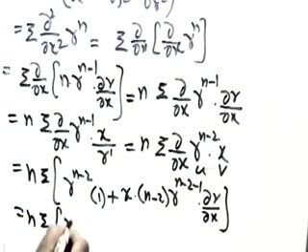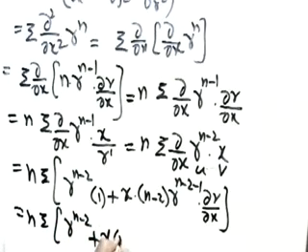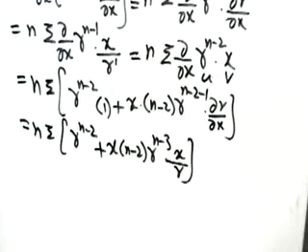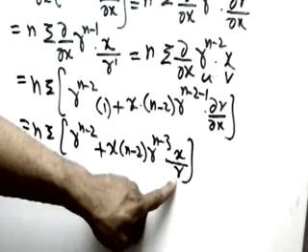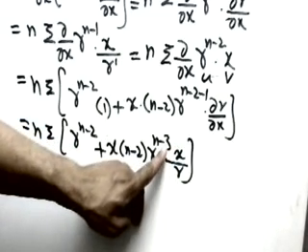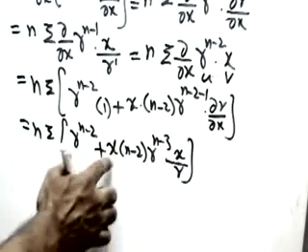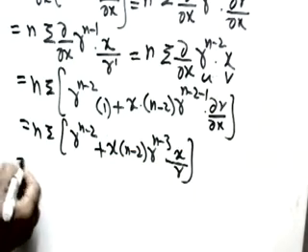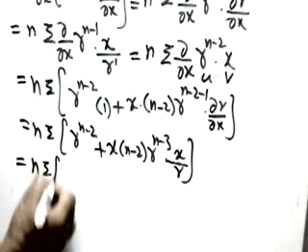So you see here, n into sigma, this is r power n minus 2 plus x into n minus 2 into r power n minus 3 into x by r. Now see here, if you bring r power 1 to the numerator, it is minus 1, so minus 3 minus 1 will be minus 4, and x into x will be x square.